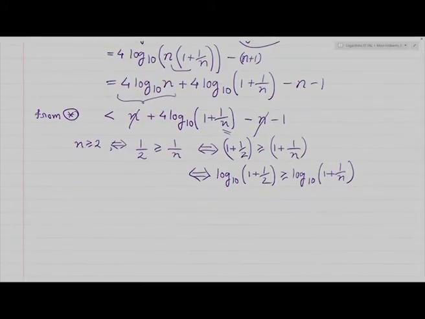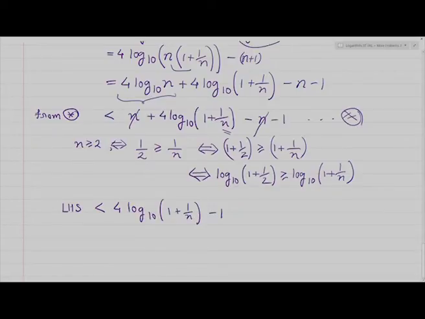If yes, then let us mark this equation as double star. Then I am saying LHS is less than 4 times, let me not jump, first I will write that term, 4 times log to the base 10 of 1 plus 1 by n, minus 1.